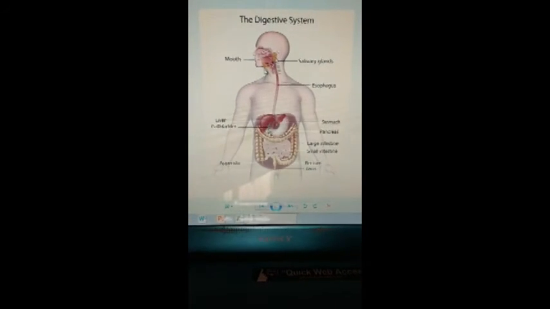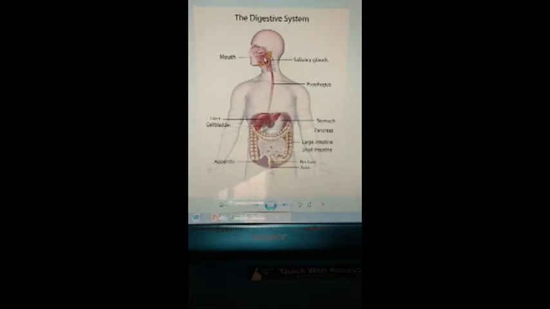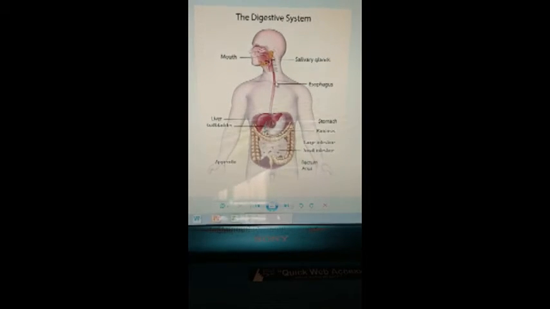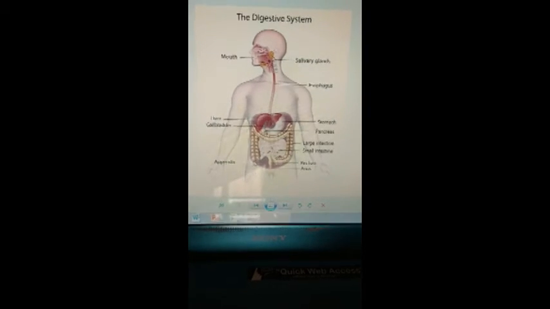We said that the first part is the digestive canal, and the digestive canal starts with the mouth. Just follow the arrow where the food passes. This is the path of the food, and we will study every detail.